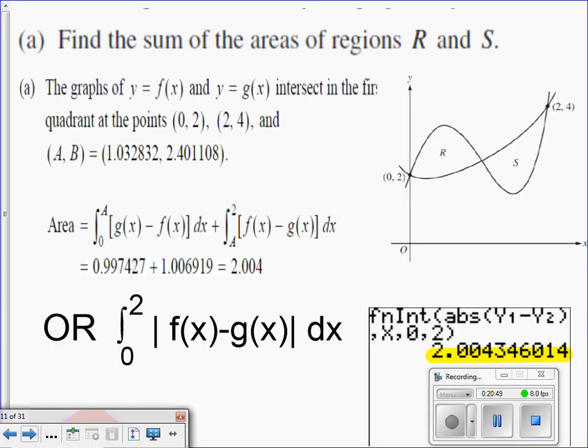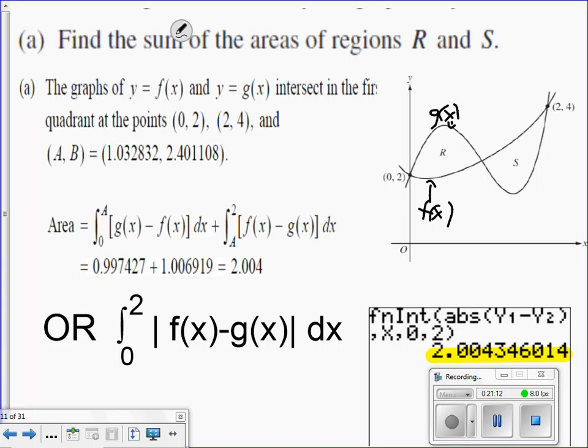But the normal way to do it is you get the area of R. So for R, y top is g of x, and y bottom is f of x. So area is easy. You just integrate y top minus y bottom dx, from smallest x to greatest x, so from 0 to a. And that gets you the 0.997.